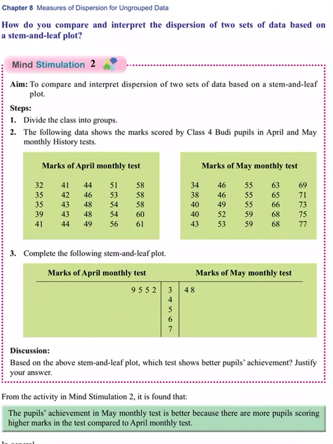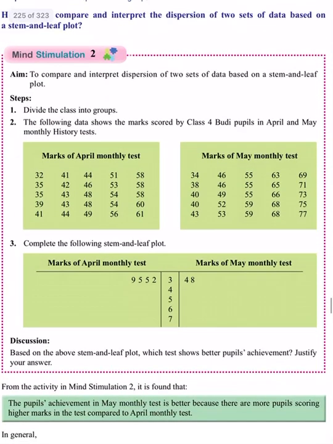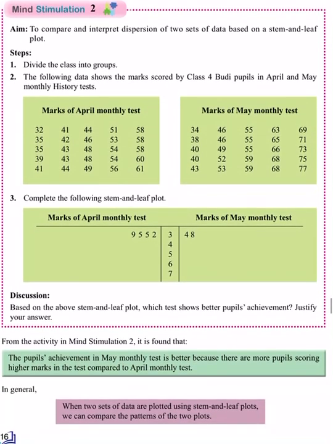The stem is the thing in the middle here, the tens: 3, 4, 5, 6, 7, and the leaves are the ones, the digits. So here we have 34, 38 for May, and 32, 35, 35, 39 for April. Then you complete the plot, and then you comment and interpret.